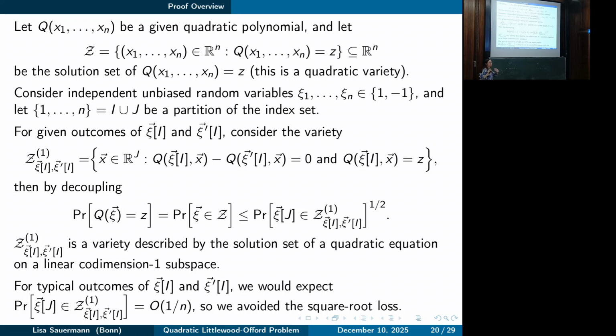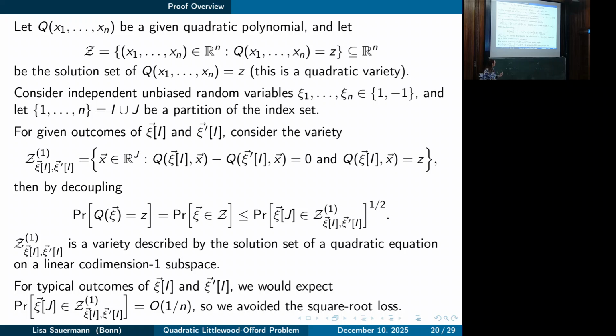Very naively, one could hope they're roughly independent, so the probabilities multiply, and we get 1 over square root n times 1 over square root n. As a reality check, if we get 1 over n here, then with the square root together, we get 1 over square root n, so we are fine. So far, we didn't forget too much information.